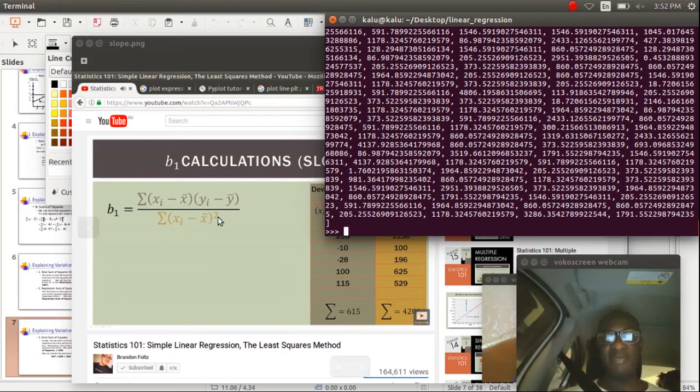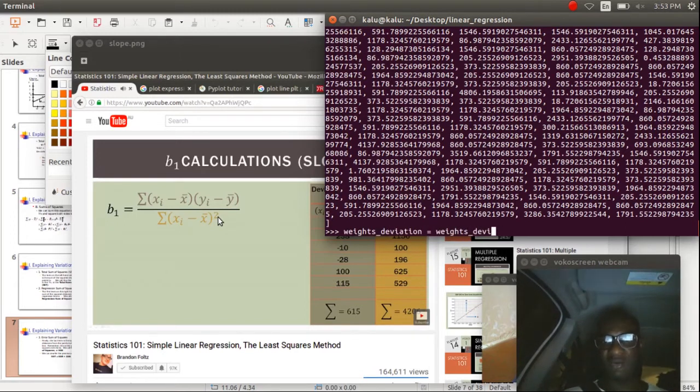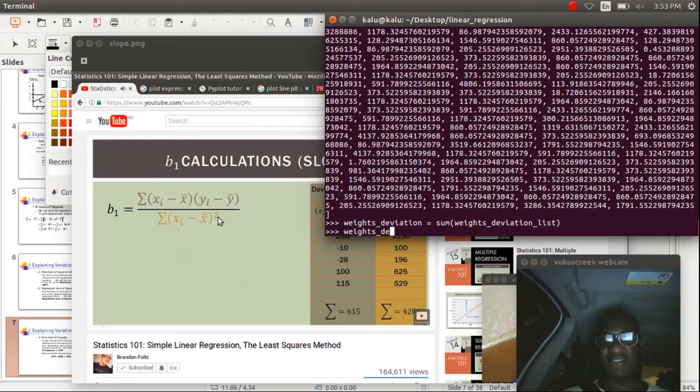So we want to sum that. So let's say weights deviation equals the sum of the weights deviation list. And now we have weights deviation.